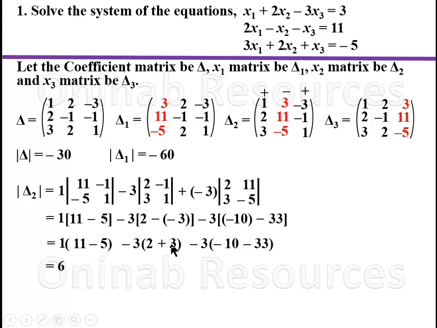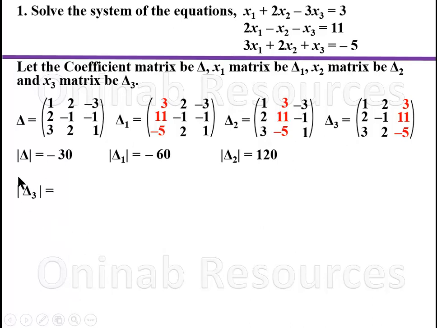So this is 2 plus 3 gives 5 times negative 3 gives negative 15. Negative 10 minus 33 gives negative 43. Multiplied by negative 3 will give us positive 129. So evaluating this, we have 120. So the x2 matrix has determinant 120. So we proceed to x3 matrix and find the determinants.